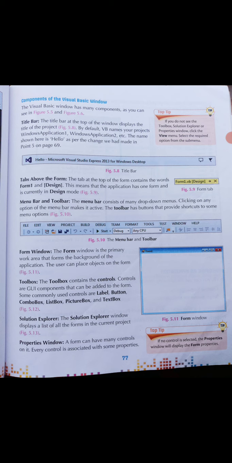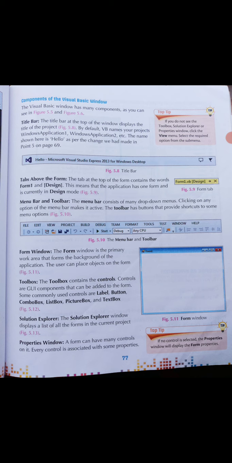Visual Basic, V must be capital, Basic, B must be capital. Visual Basic IDE screen. Clear? Written this question, explain any 5 components of the Visual Basic IDE screen. Written this question.